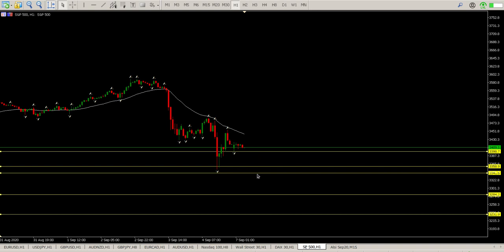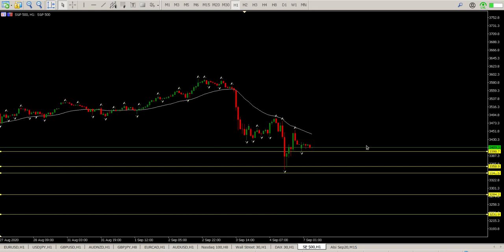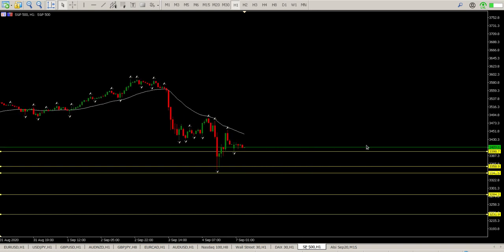I'm looking for buying off any one of these levels: 3400, 3358, 3341, 3284, 3231. Those are levels at the moment that I'm looking for to find support at. And I'm more inclined to believe that this weekly of 3400 is the one that's going to offer the support.